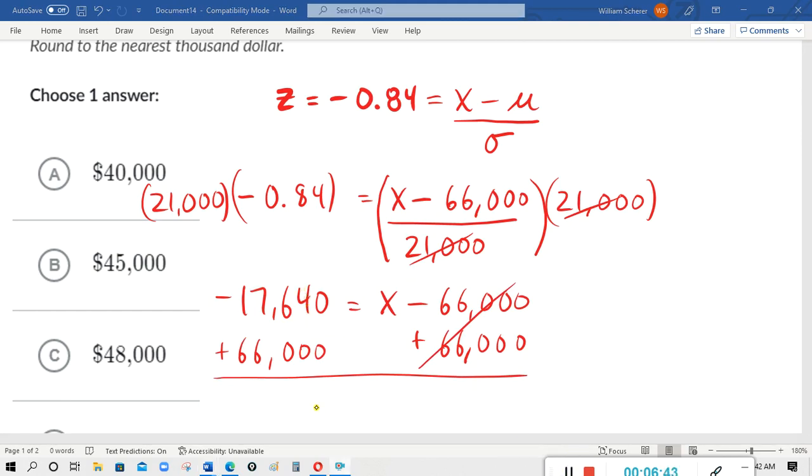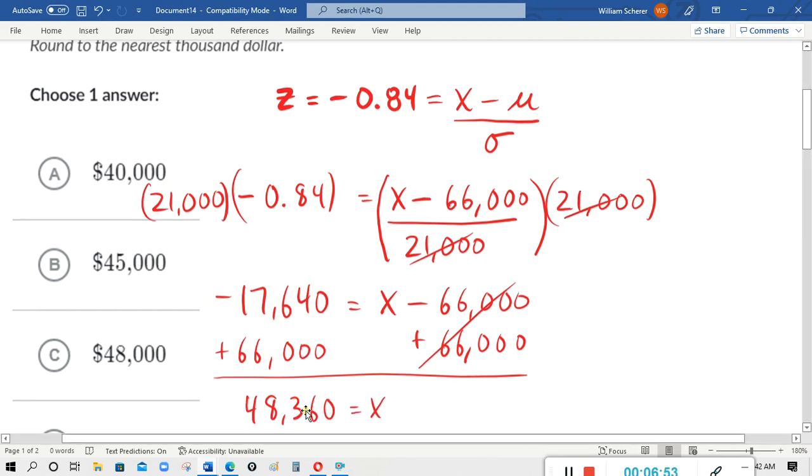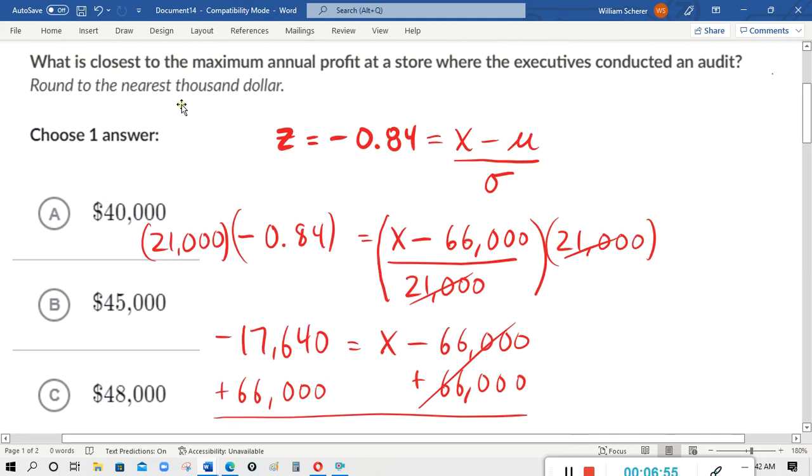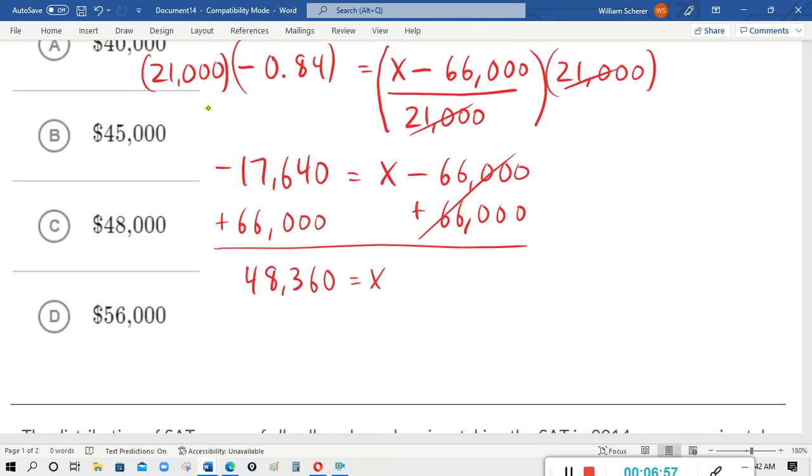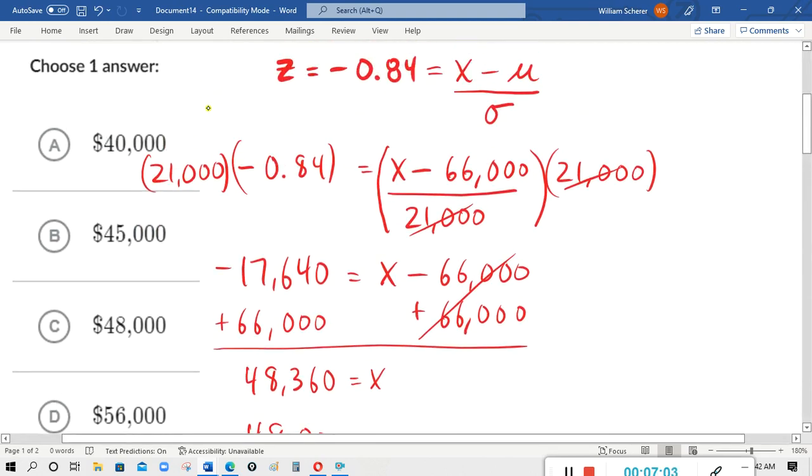Okay, on the calculator here, I get 48,360. That equals x. Okay, it says round to the nearest $1,000. So the nearest 1,000 would just be 48,000. Okay, and as you can see, that is answer C.